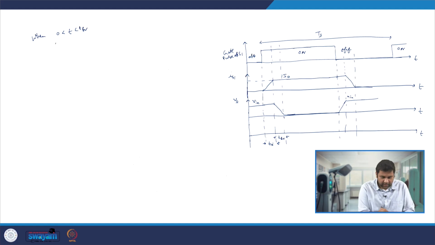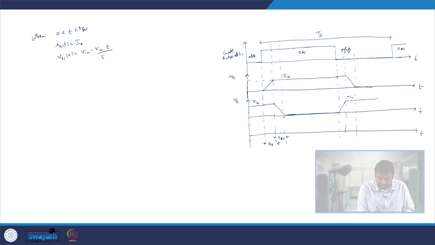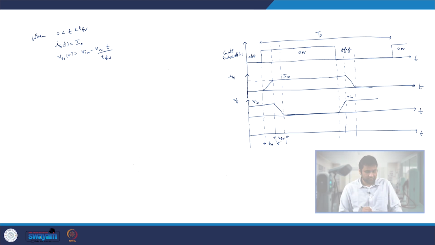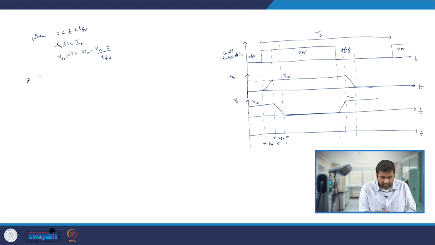Now IS1 of t is equal to I naught, but Vs1 of t is equal to Vin minus Vin t by TFV. That is the voltage across the device from 0 to the TFV period. Then we can calculate the energy loss during the TFV period.